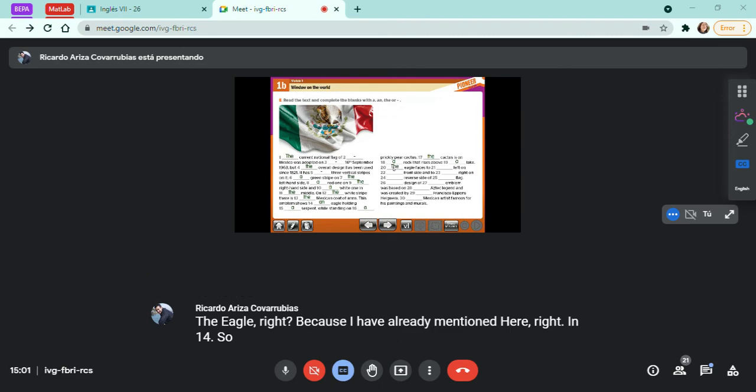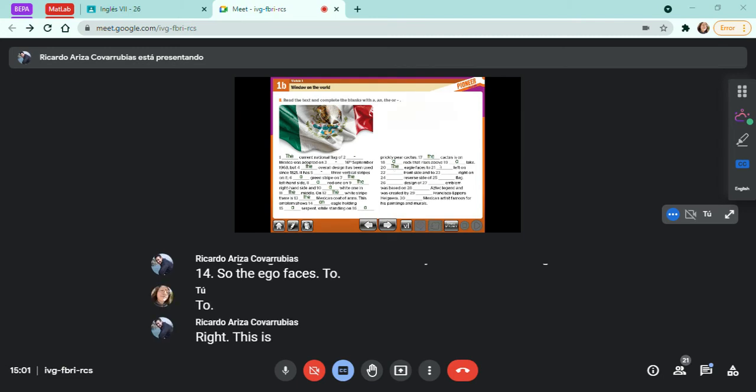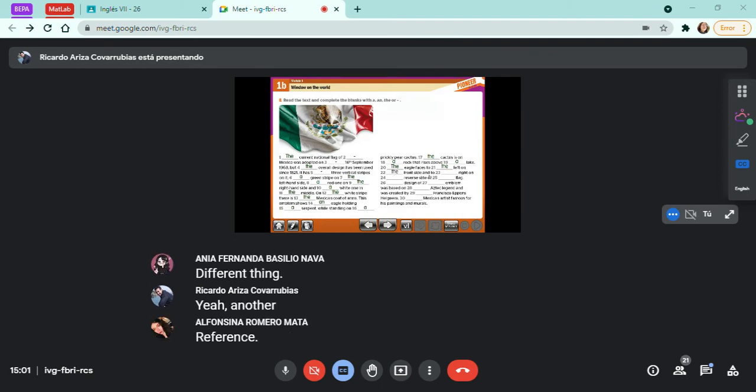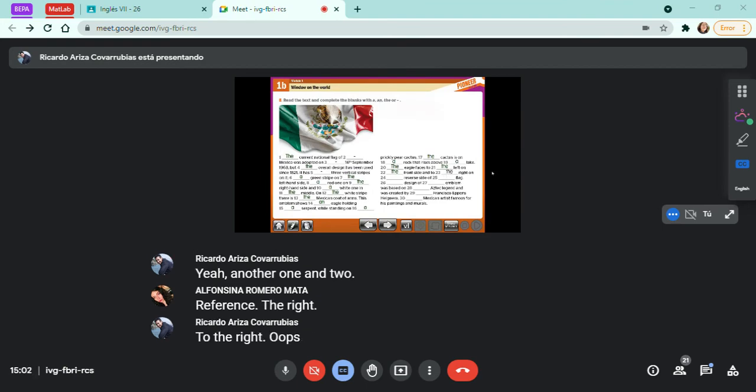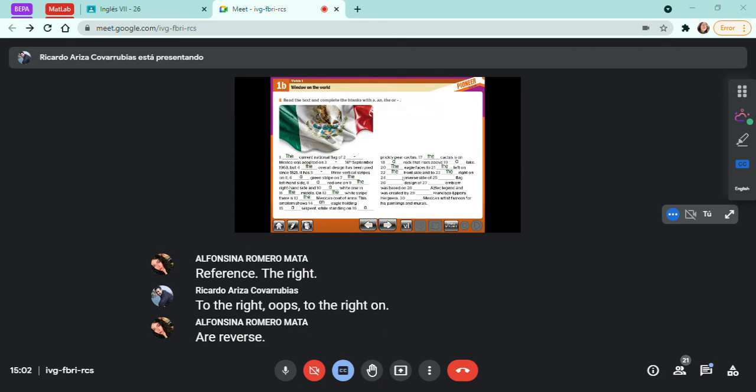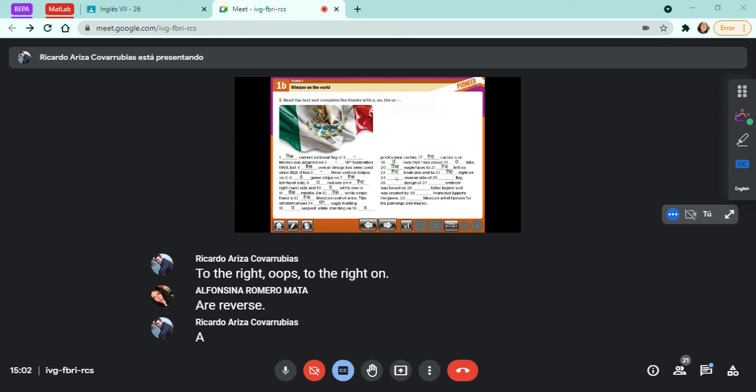So the eagle faces to the left, this is a position, on the front side, another one, and to the right, on a reverse. The reverse because this is another position, right?